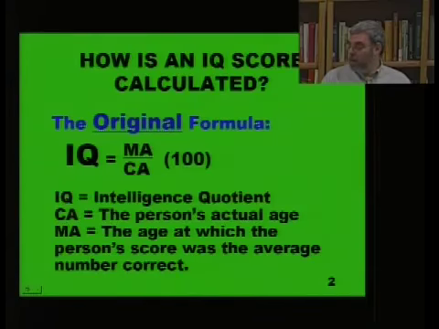And 8 divided by 4 is 2, 2 is the quotient. The quotient is an answer. A quotient, that's why it's called an intelligence quotient, because you have division here.